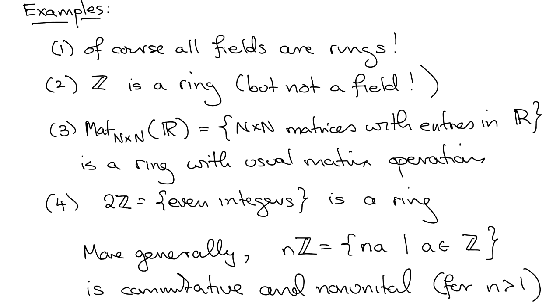And of course, here are examples. All fields are, of course, rings. They're the best type of ring in a way, because they satisfy these three extra axioms. Z is, of course, a ring, but not a field. That one is commutative and unital.